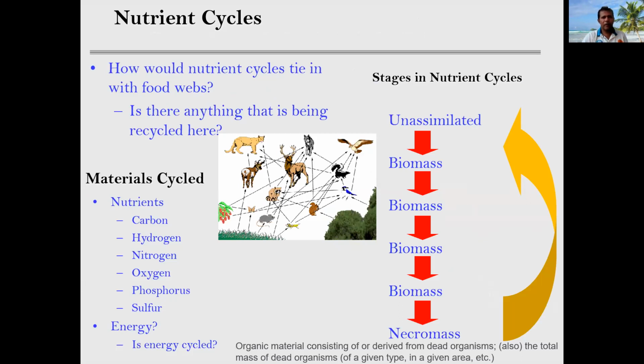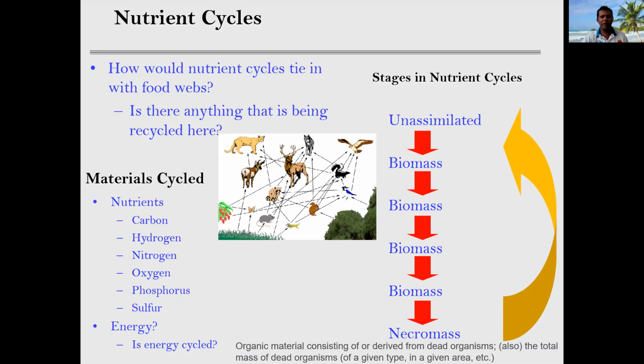Usually, in the environment, there is no large source of nutrients. We are not getting too much nutrient from other planets or somewhere else. The nutrients that we have are usually recycled within the ecosystem or even within the planet. So these are usually recycled.